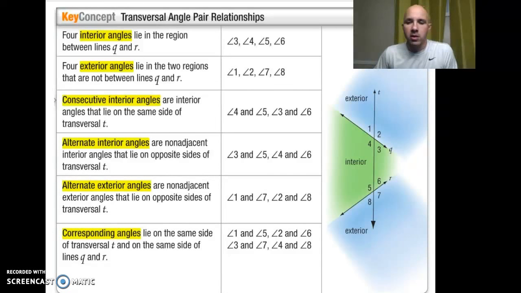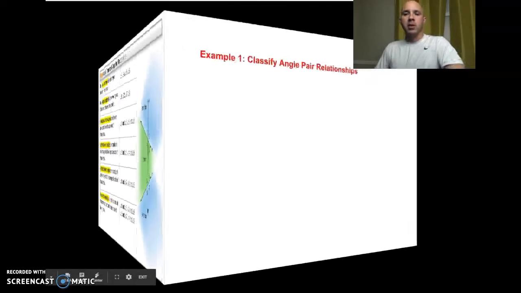These are angles on the outside that alternate each other. 8 and 2 are alternate exterior, and 1 and 7, 2 and 8 are alternate exterior. And then the relationship between angles 1 and 5 is corresponding, 2 and 6 are corresponding, 4 and 8 are corresponding angles, and 3 and 7 are corresponding.